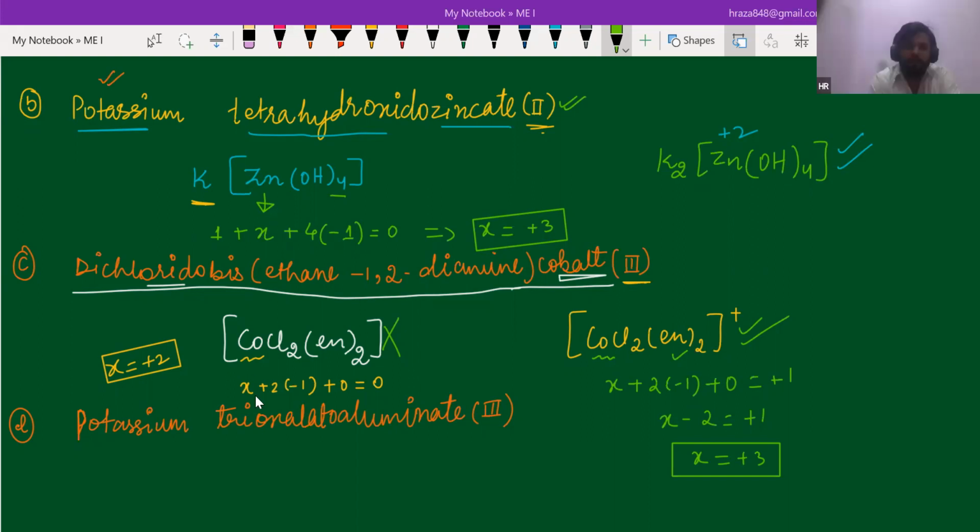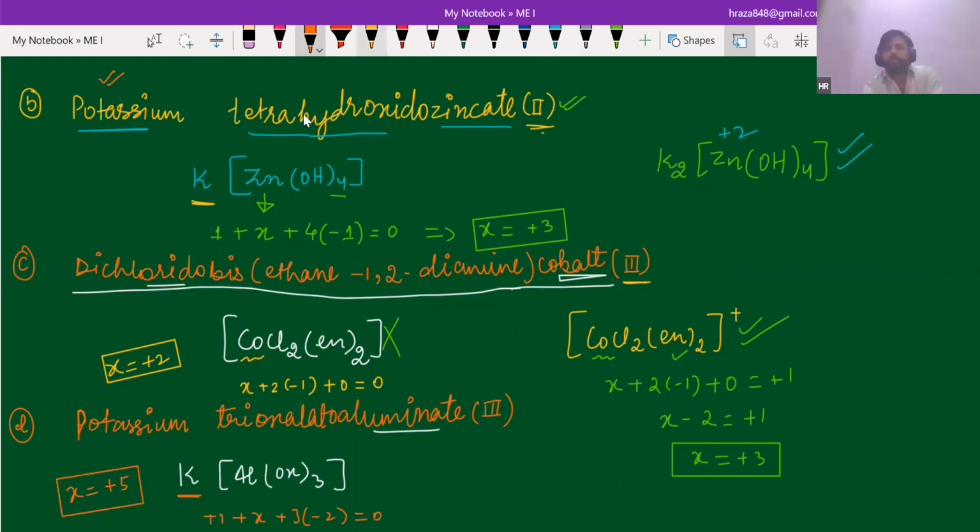So match your formula. Potassium K, trioxalato aluminum, that means aluminum is here. Trioxalato means OX, whole thrice. If you check the oxidation state, there is only one K, so +1, X + 3. Oxalato has -2 charge, so you will get +5 charge. In order to make it 3, I'm going to put K3.